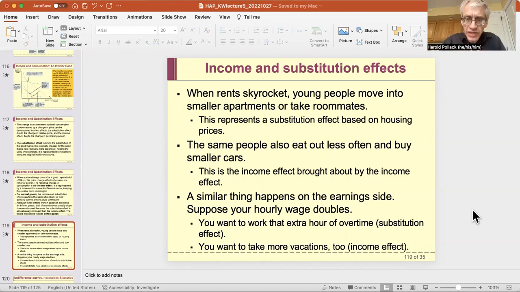Now, it can happen on the earning side, sometimes the other way. Suppose that you get a job where your hourly wage really dramatically increases. There's going to be an income effect and a substitution effect, which actually go in opposite directions in some ways. If somebody says, do you want to work another hour of overtime? You're like, yeah, I'm getting $60 instead of $30. Wow, that makes it more desirable to work more overtime.